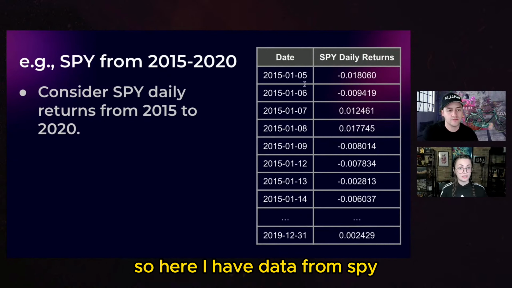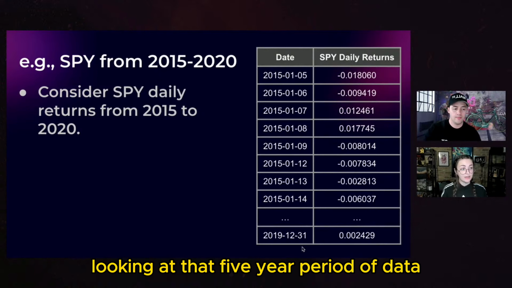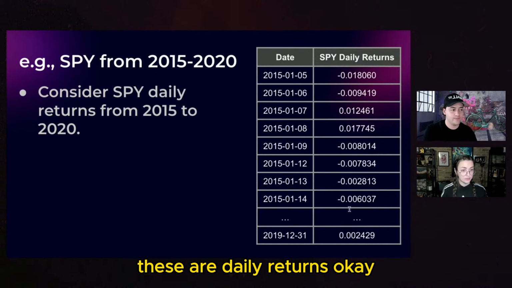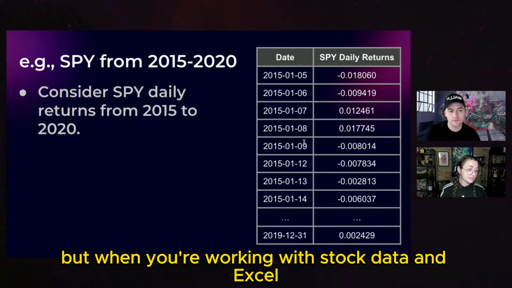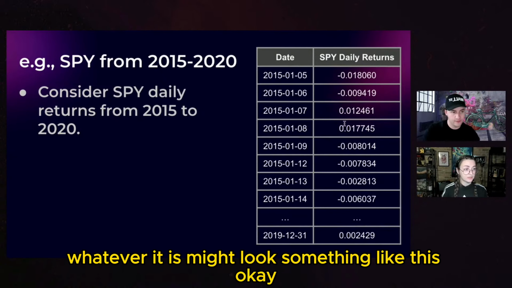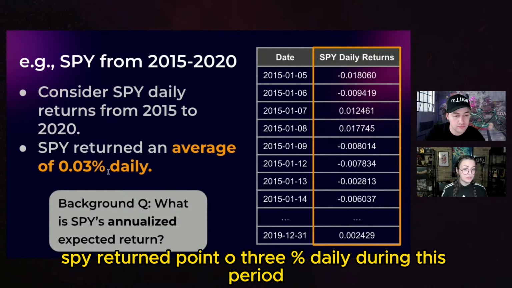So here I have data from SPY, their daily returns from 2015 to 2020. We're looking at that 5-year period of data. These are daily returns. Okay? Yes? Yeah. So when you're working with stock data in Excel, Python, whatever it is, it might look something like this. Okay? So on average, SPY returned 0.03% daily during this period.